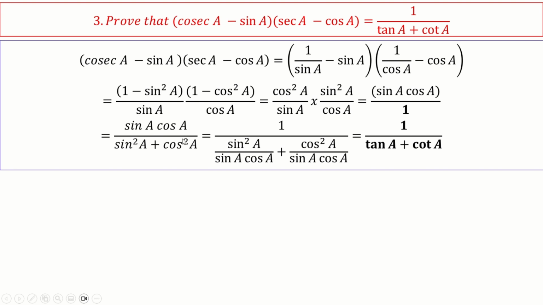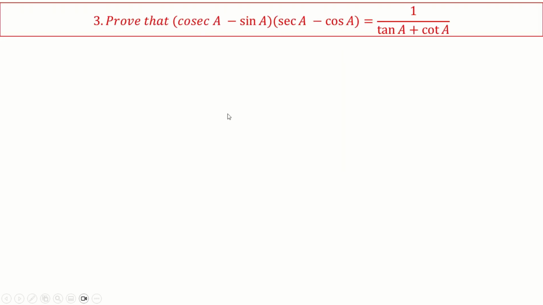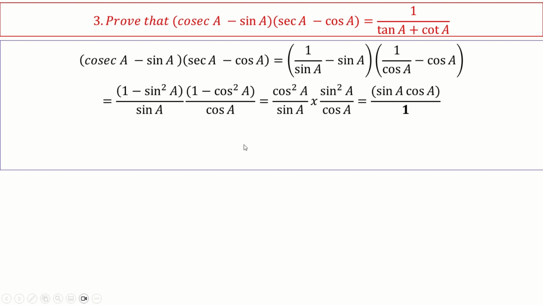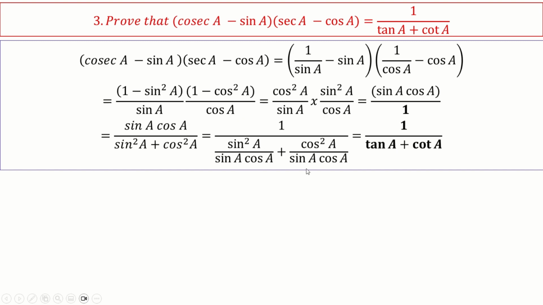So sin A cos A divided by (sin square A plus cos square A). If I rewrite this as 1 by (sin square A by sin A cos A plus cos square A by sin A cos A), then the value is what we are looking for, 1 by (tan A plus cot A). Okay, so this is exactly similar to the previous one. You just check the steps and you can do it yourself.